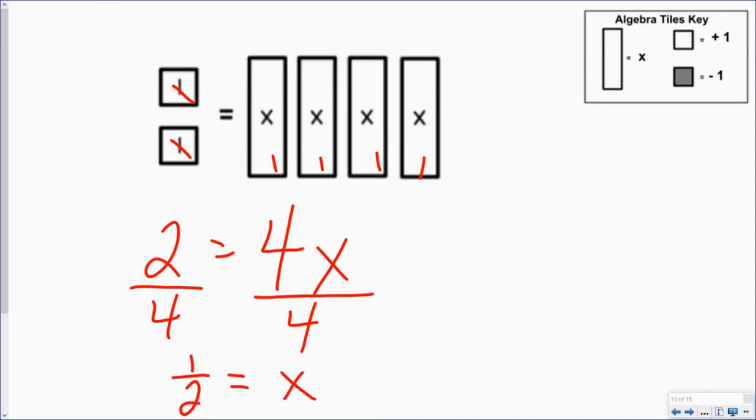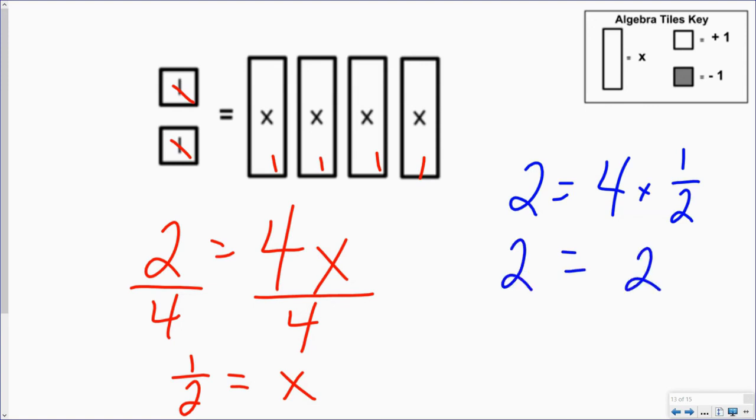So 1/2 is equal to x. Come over here and substitute the 1/2 in. So I would have 2 equals 4 multiplied by 1/2. 4 multiplied by 1/2 is 2, and that's the same as 2. So I know that this is the correct solution for my equation.